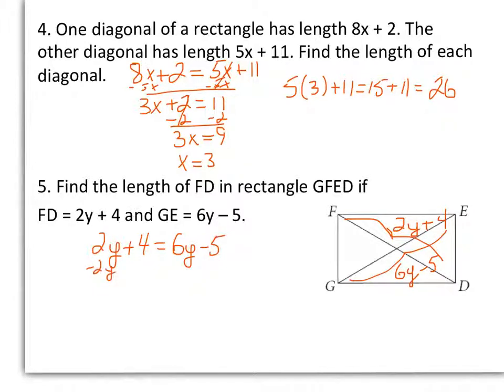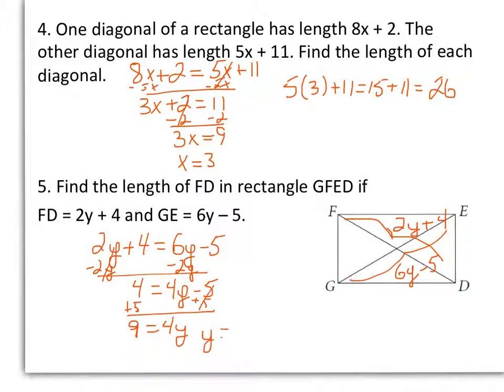Subtract our 2y. So 4 equals 4y minus 5. Add 5. 9 equals 4y. So that means y is 9/4, or 2.25.